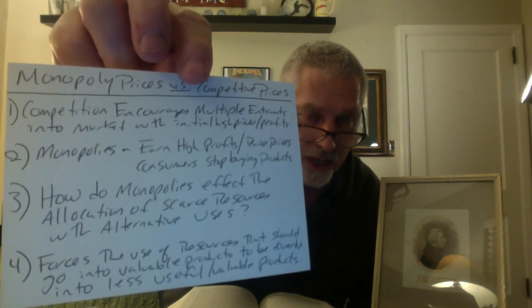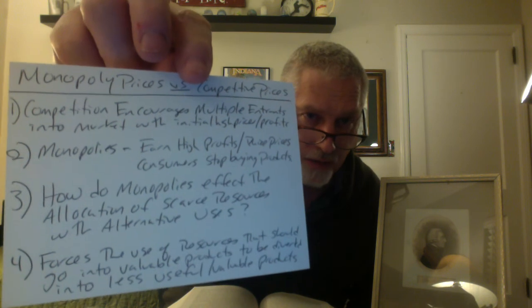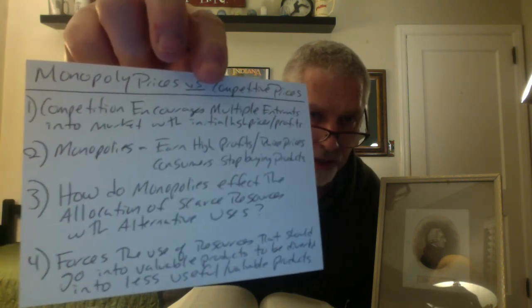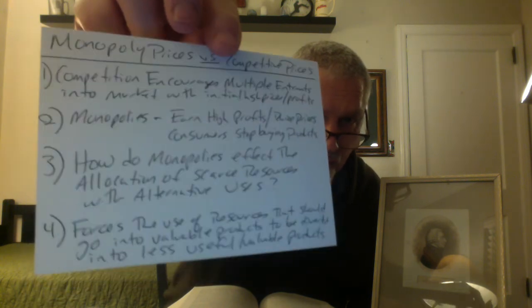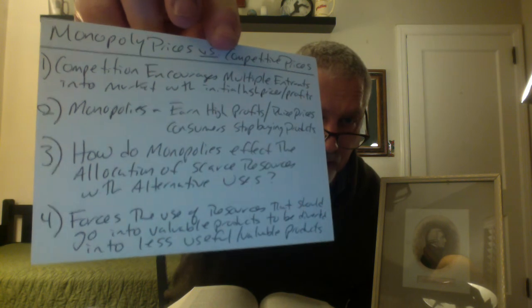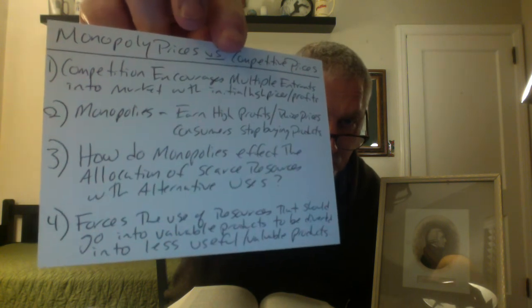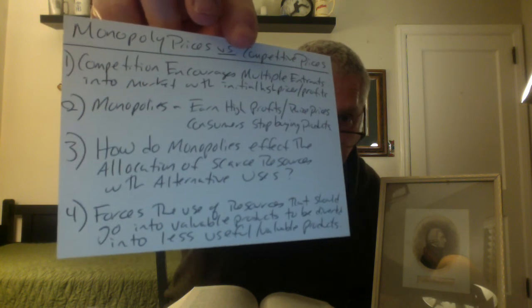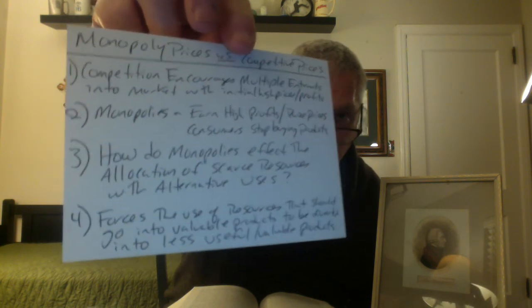But monopolies curtail that competition. So the question for us is, how do monopolies affect the allocation of scarce resources with alternative uses? And what it does is that it forces the use of resources that should go into valuable products like apple juice to be diverted into less useful or valuable products. Okay.